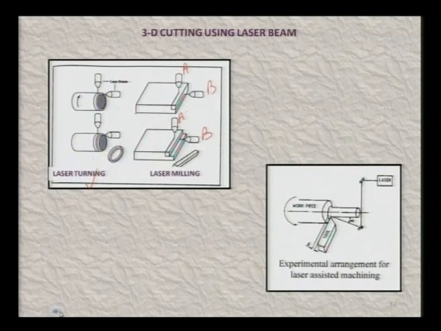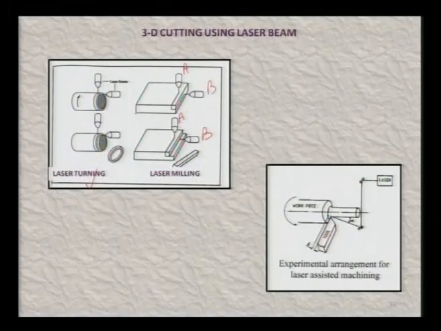Such applications are good in case of very hard materials which cannot be machined by traditional methods. If you can do it by a traditional method, then there is no sense in going for laser beam or other kinds of processes.